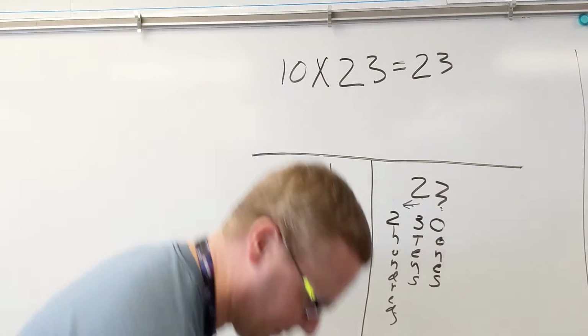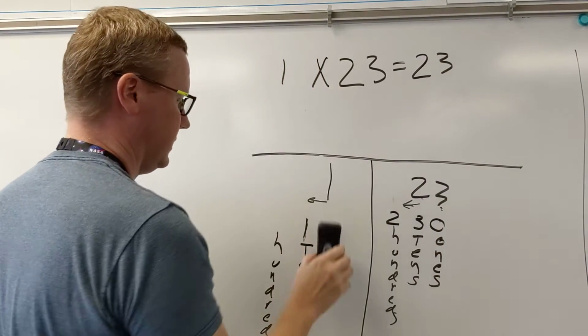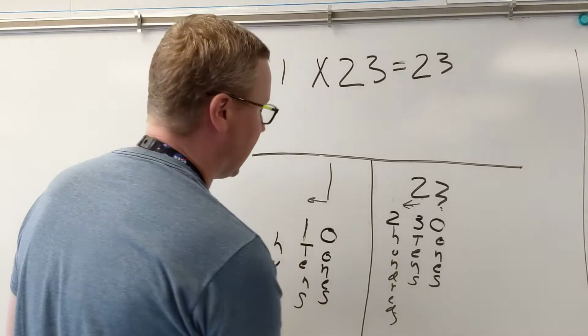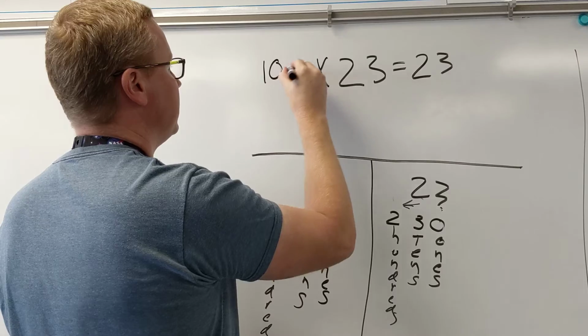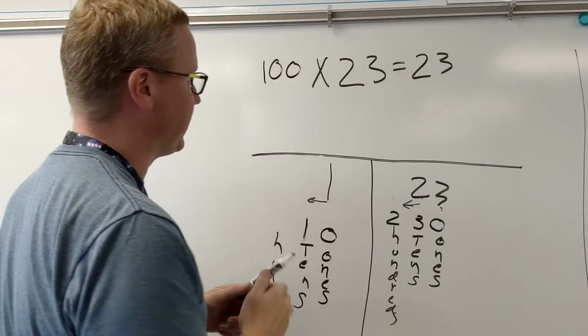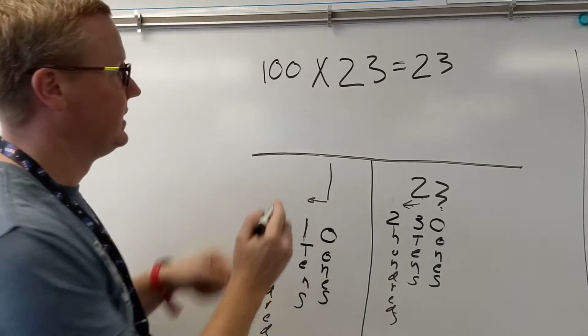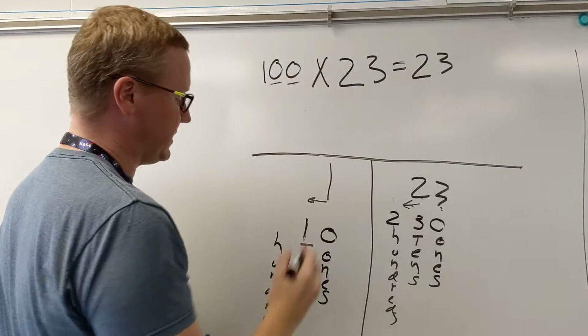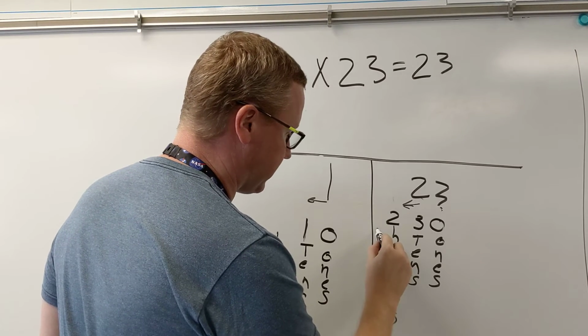Let's try one more before this video is over. Let's say I multiply by 100 now. What happens? How many place values are we going to have to move our numbers over by? Yeah, we're going to have to move them over by 2. So I'm going to add right in here, I'm going to add thousands.